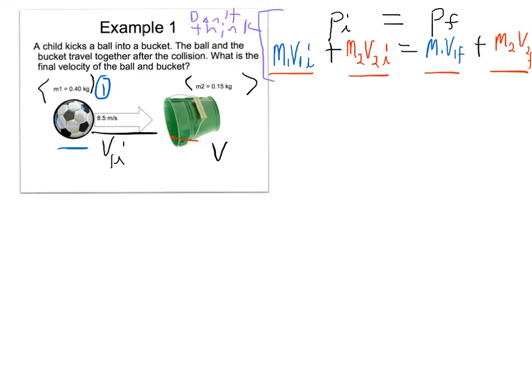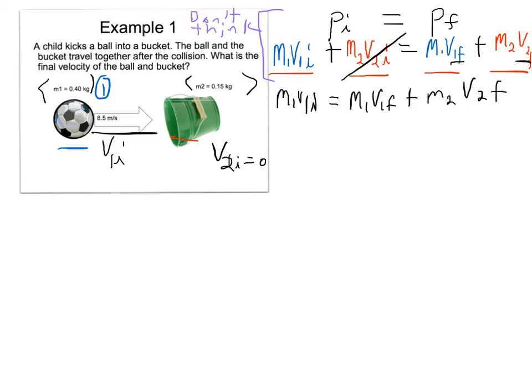The bucket at the beginning is at rest, so v2i would be 0, making this term 0. They move off together, so they both have a final velocity, and nothing at the end goes away. So we can now rewrite this: m1 v1i equals m1 v1f plus m2 v2f.